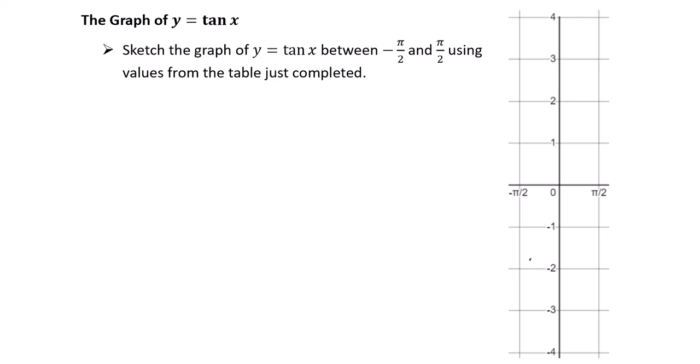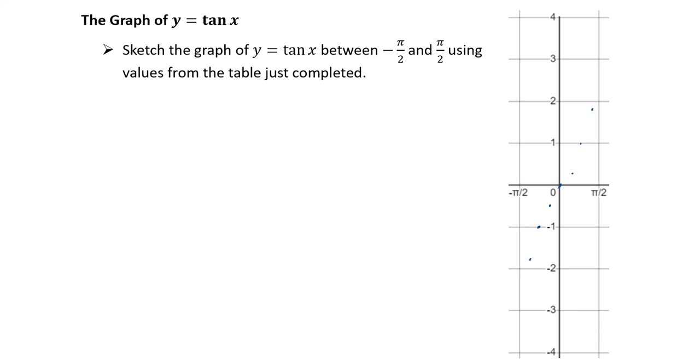At negative pi over 4 I'm at -1. At negative pi over 6, I'm at negative square root of 3 over 3, so about a -0.5. And at 0, I'm at 0. Then we have those values repeated, just of opposite sign, as we head towards pi over 2.